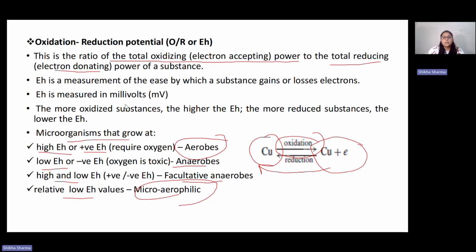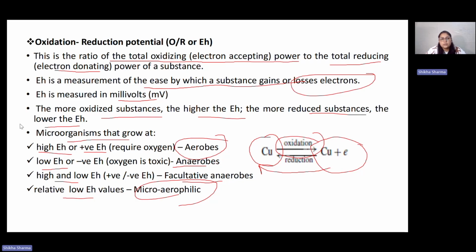It is basically measured by the ease with which a substance gains or loses its electrons. It is measured in millivolts, mV. The more oxidized substances will have high Eh, and more reduced substances will have low Eh.